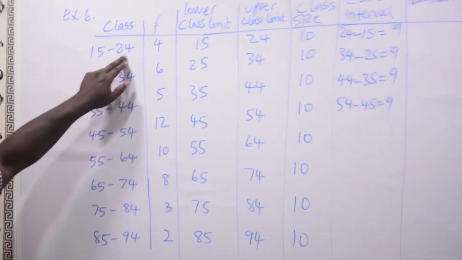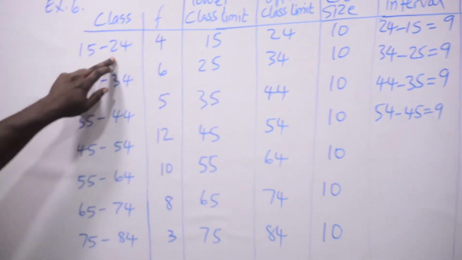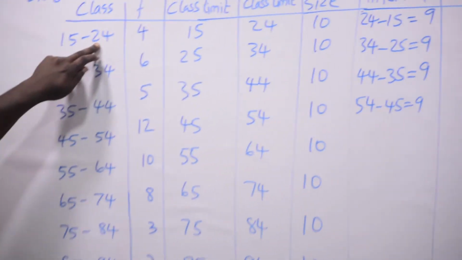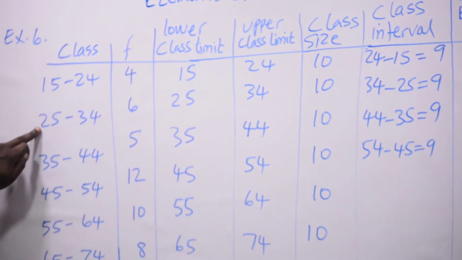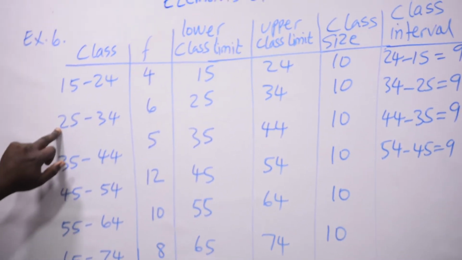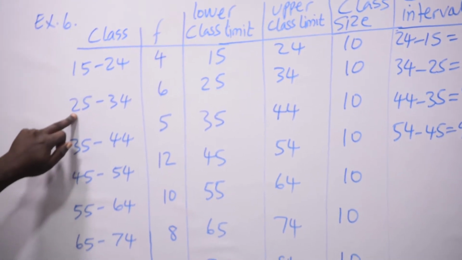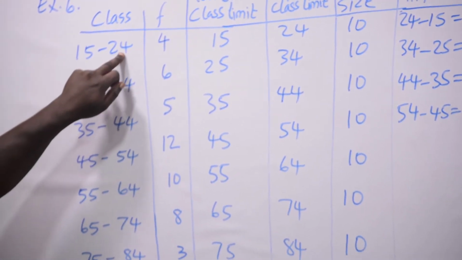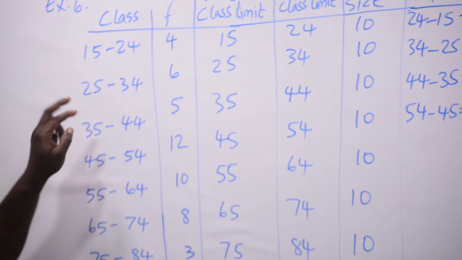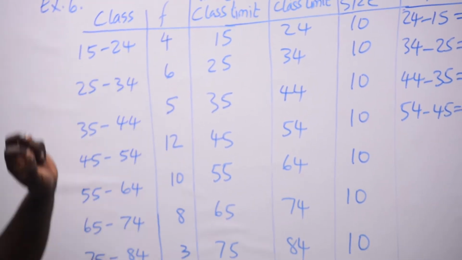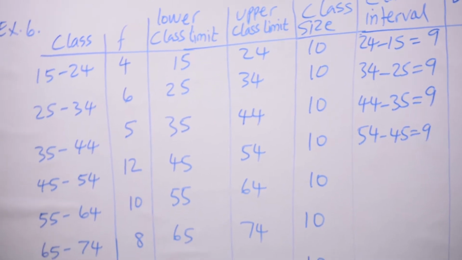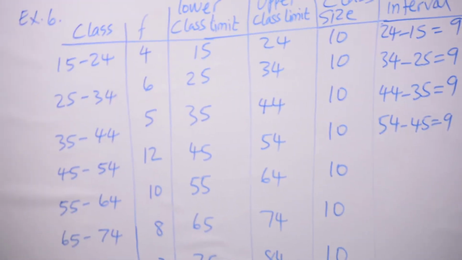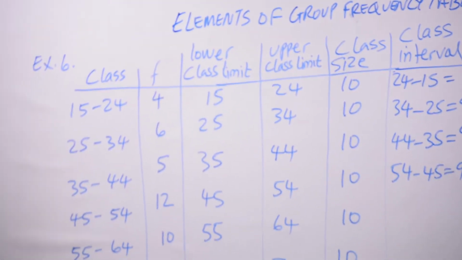You will see that for the first class, our upper class limit is 24, and for the next class, the lower class limit is 25. So if we have 25 minus 24, we are going to have 1. Now we divide that 1 by 2, and if you divide by 2, you are going to have 0.5.